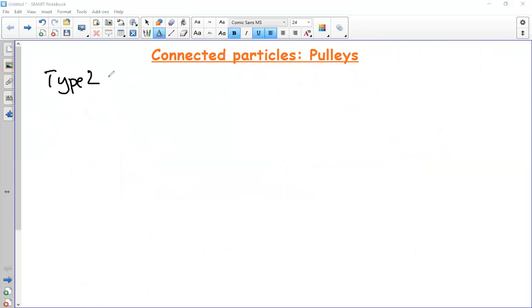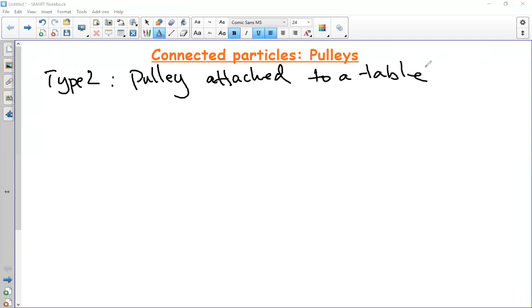So type 2 is when you have a pulley attached to maybe a table, or some kind of surface. So for example, let's say this is the table, and then you have a pulley here.